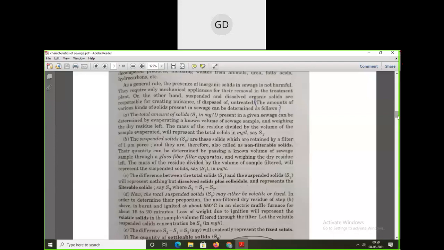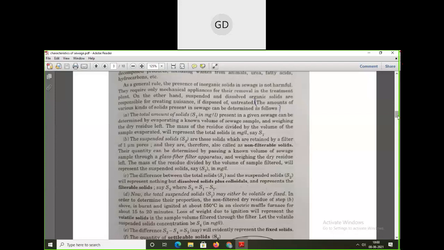You weigh the dry residue and get a value. Then divide the mass of the residue by the volume of wastewater you have taken, and you will get the total amount of solids present in the sewage, that is your S1.